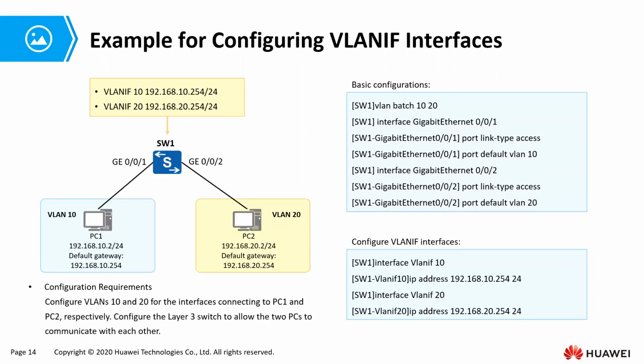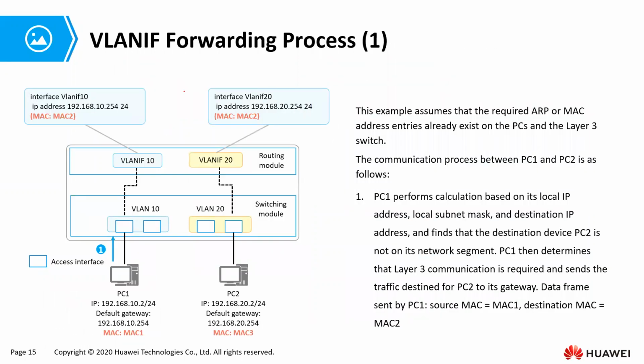And the forwarding process for this one, the VLANIF forwarding process, is similar to the other one. A host in VLAN 10, for instance, sends a frame. The frame gets tagged by that interface. It gets forwarded to the VLAN interface, which routes it.